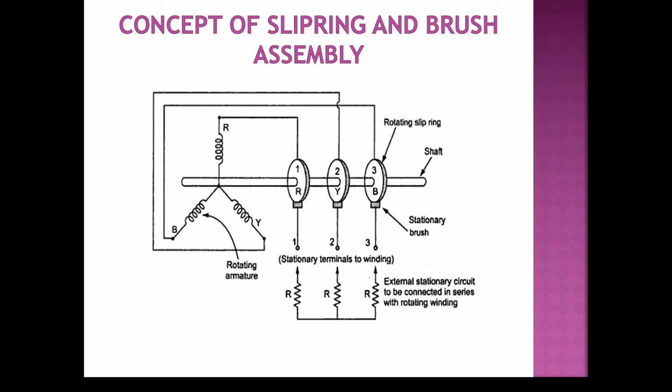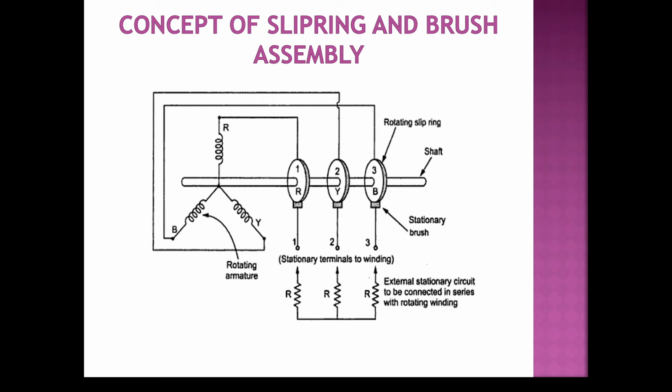So what is this slip ring and brush assembly? The arrangement which is used to collect the induced EMF from the rotating armature and make it available to the stationary circuit is called the slip ring and brush assembly. So what is this slip ring and brush assembly doing? They are collecting the induced EMF from the rotating armature and giving it to the external stationary circuit. Okay, the external circuit or external load is stationary while the armature is rotating.